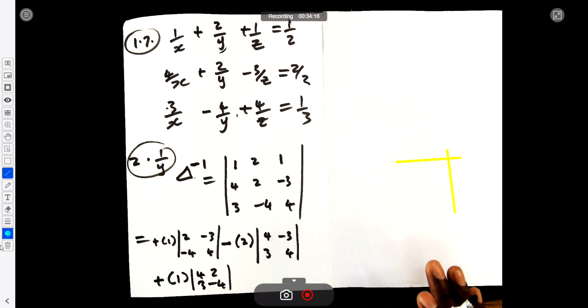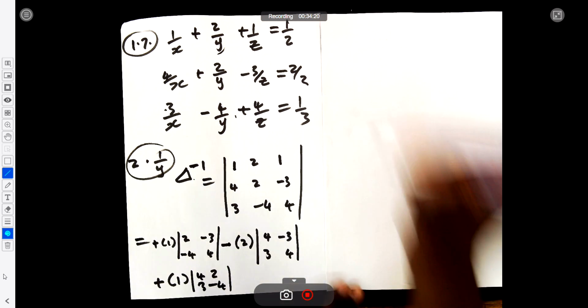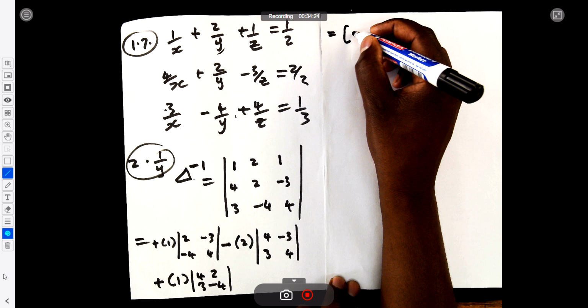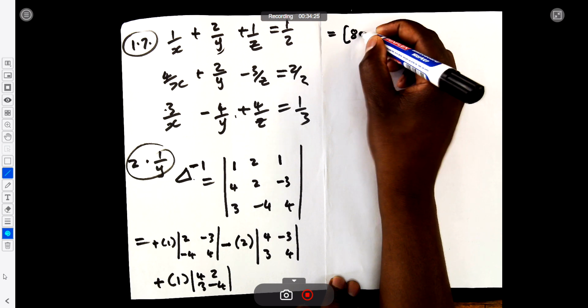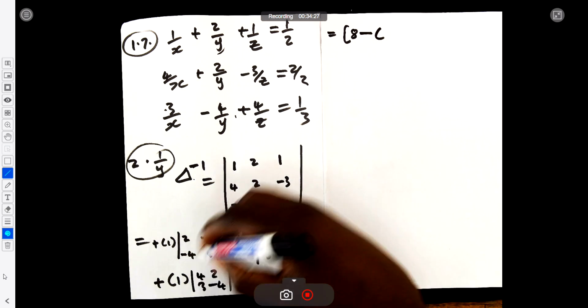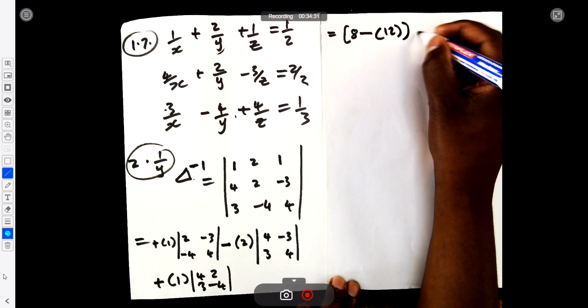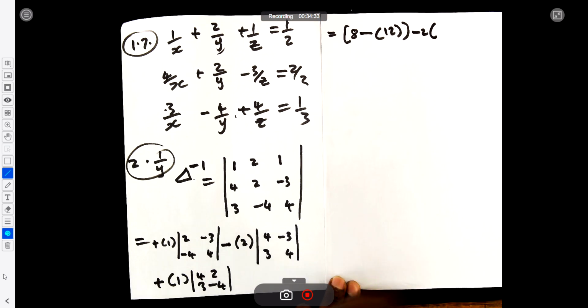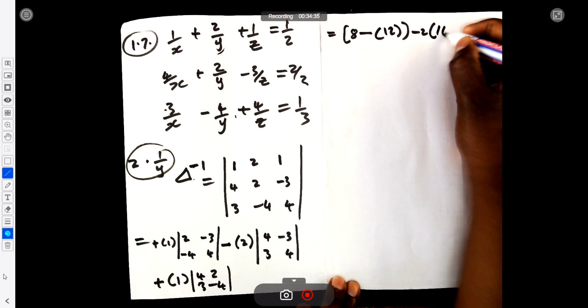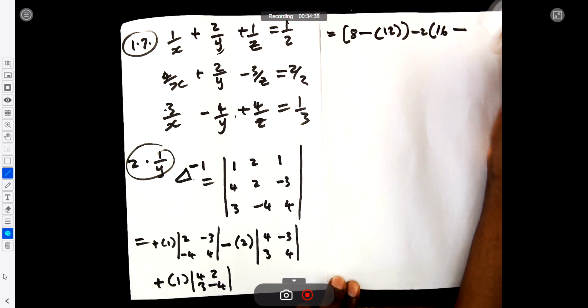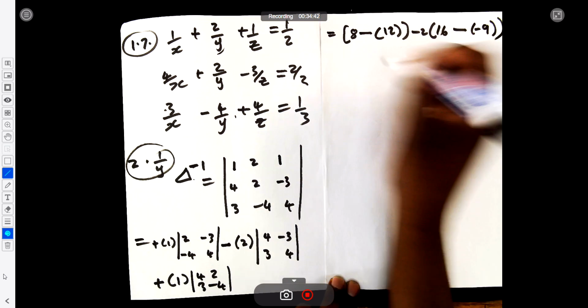We're going to have 2 times 4, which is 8, minus 4 times negative 3, which is 12, isn't it? Therefore, minus 2 into 4 times 4, 16, minus 3 times negative 3. We have negative 9, isn't it?